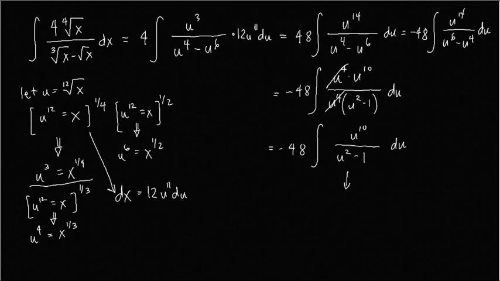Okay? Simplify using long division. So we will perform long division for that case. So u raised to 10 divided by u squared minus 1. So u raised to 10 divided by u squared is u raised to 8.